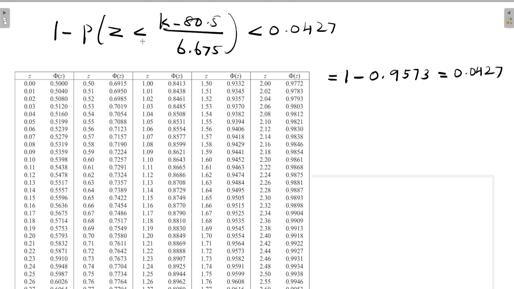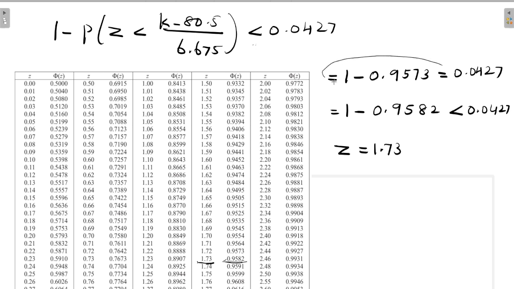But our z value must be less than, so we have to choose 1 minus 0.9582. This value must be less than 0.0427. Here the required z value is 1.73, because in this case 1.72 is not possible, since it is equal to our required probability and we need less than.